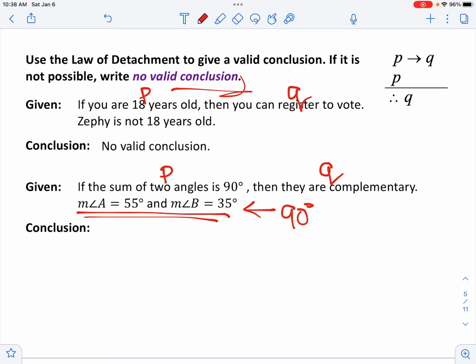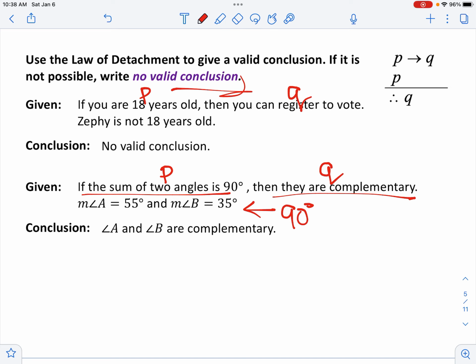So this is the sum of two angles. It is the same thing. Even though it's written different, it means the same thing. So this is a different way to say P. So then I could say my conclusion is then A and B are complementary, which is the Q part, right? That's this part. They are complementary. So this is called the law of detachment. All right.